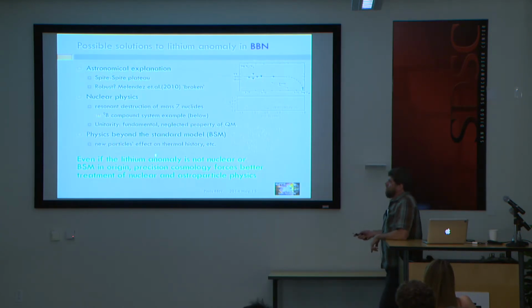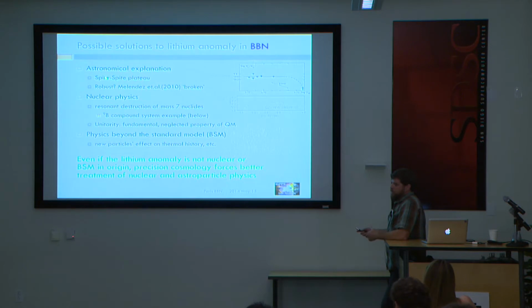You might say, well, maybe the lithium anomaly has nothing to do with nuclear physics or particle physics, physics beyond the standard model. Maybe it's just an astronomical observation problem.